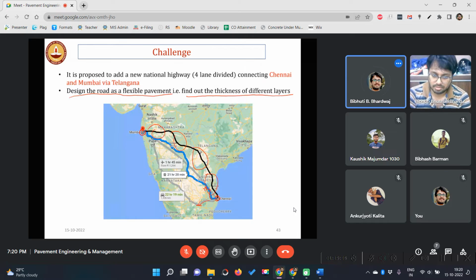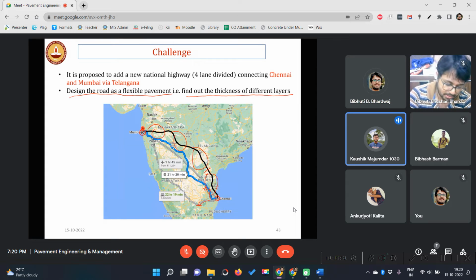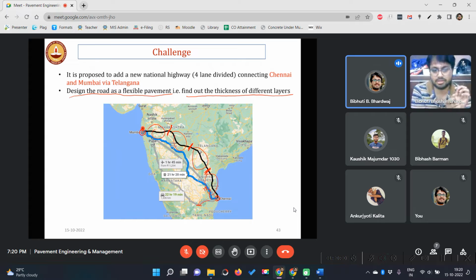So we have to take a survey at different points at intervals of some distance. Based on the soil subgrade values, okay, CBR values, we may split the roads into different categories. Okay, so after splitting, you can consider this as a different road, this is a different road, like that. Then we will design the thickness of layers, maybe different.